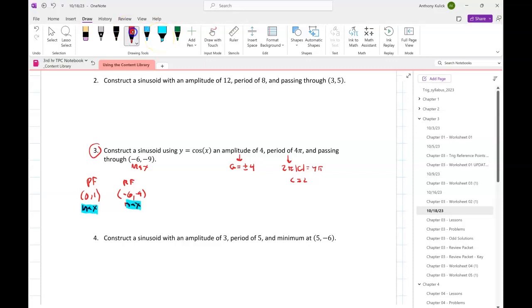Since those are both maxes, what does that tell me?